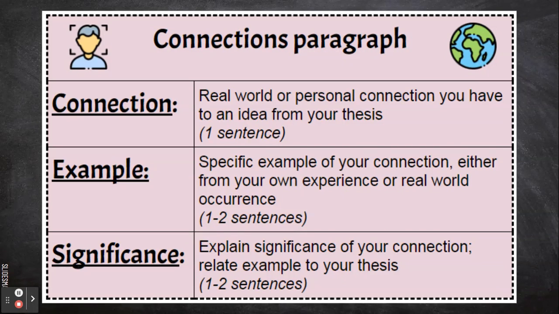Lastly, you finish with a significance. Here you explain the significance of your connection and you relate that example back to your essay thesis. This should be 1 to 2 sentences. You'll notice right here the connections paragraph is short, 3 to 5 sentences in total.